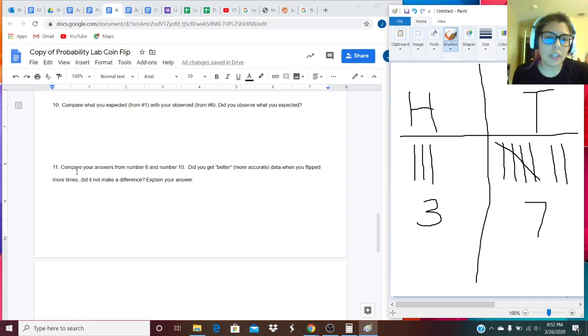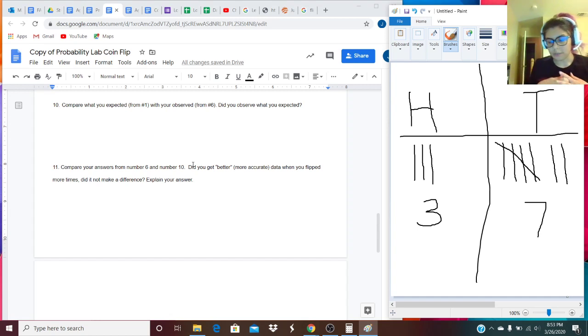Now, number 11, it says compare your answers from number 6 and number 10. So whatever answer you got for 6 and whatever answer you got for 10, you're just comparing the results. Did you get better, meaning more accurate data when you flipped more times? Did it not make a difference? Explain your answer.